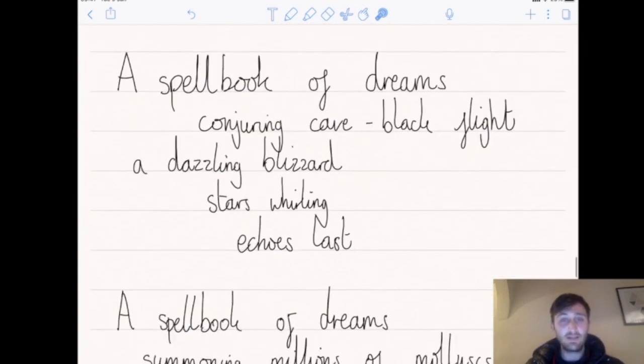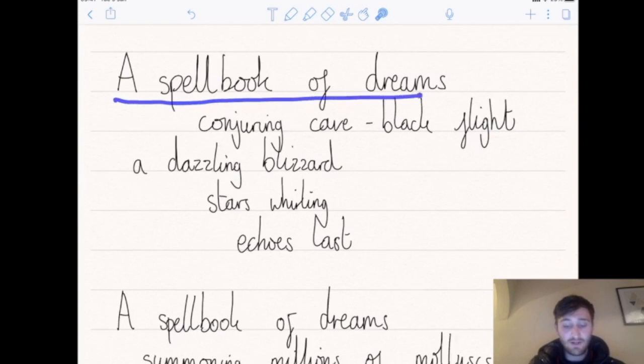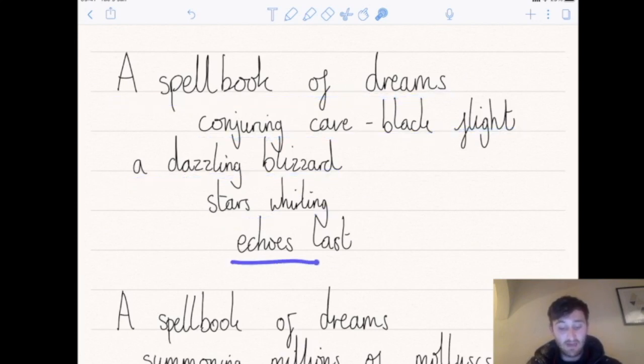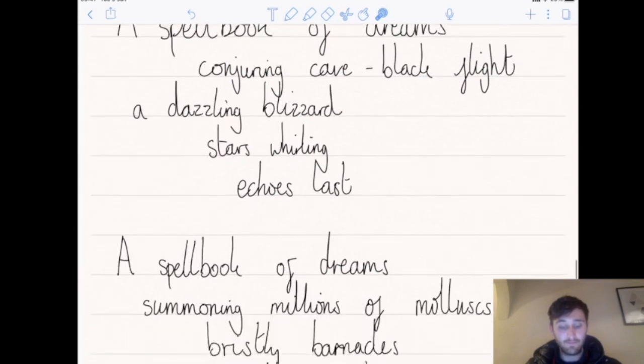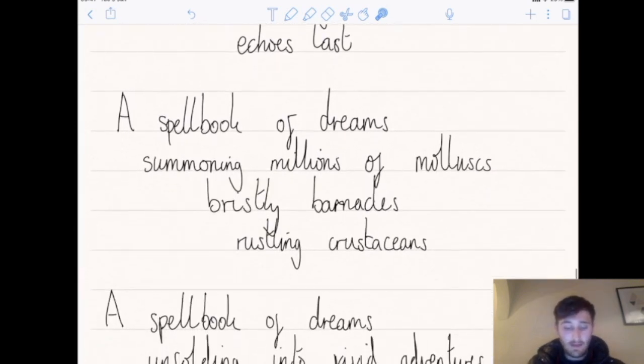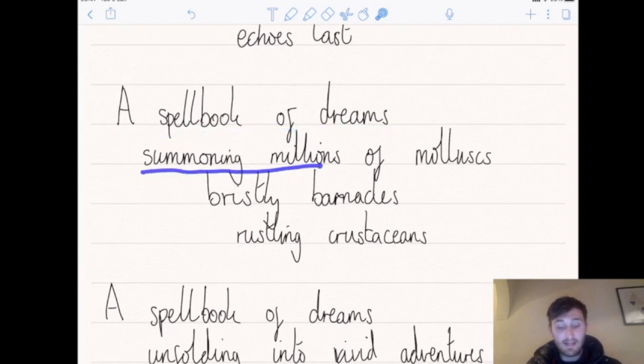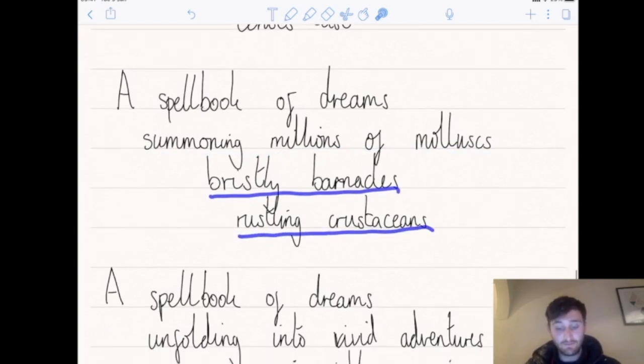A spellbook of dreams, conjuring cave black flight, a dazzling blizzard, stars whirling, echoes last. A spellbook of dreams, summoning millions of mollusks, bristly barnacles, rustling crustaceans.